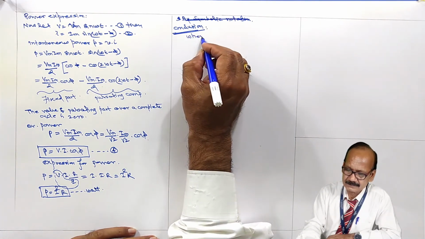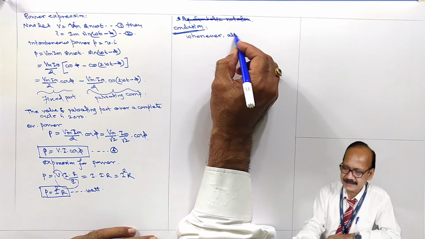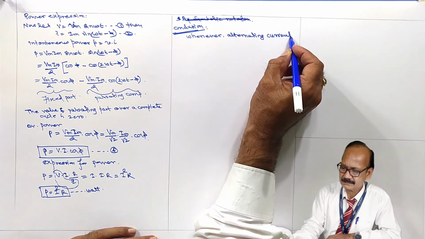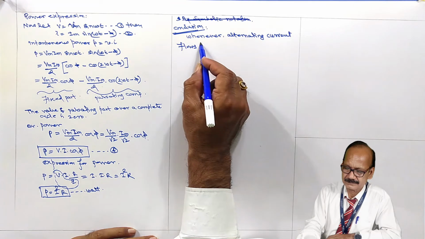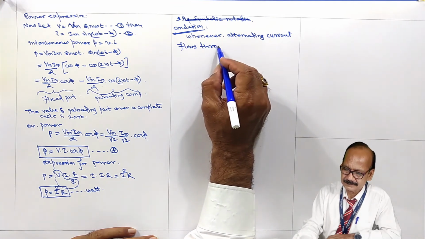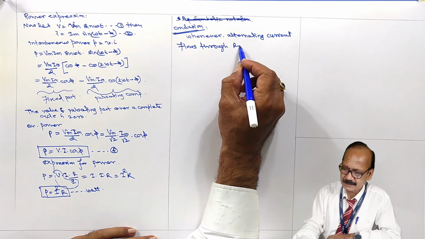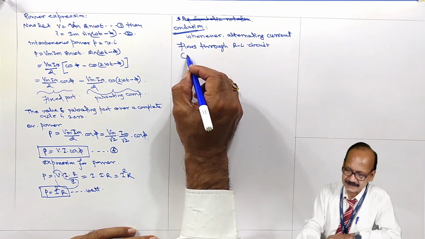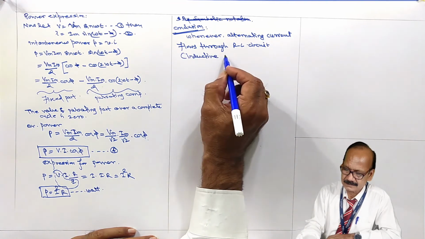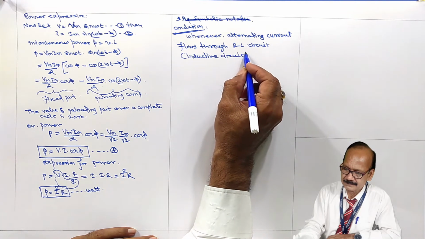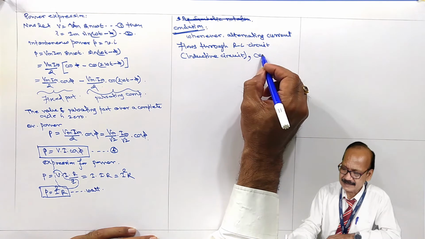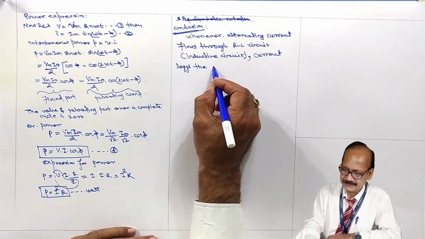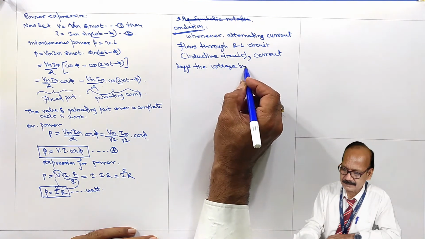Whenever alternating current flows through an RL circuit, RL means inductive circuit, current lags the voltage by angle phi.